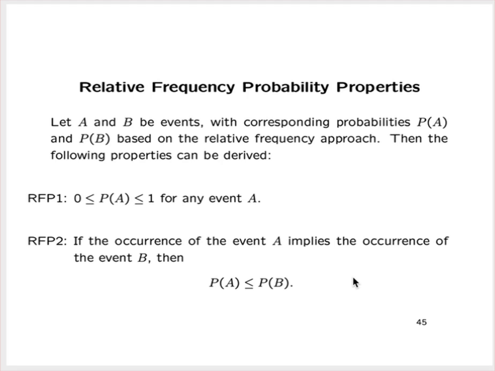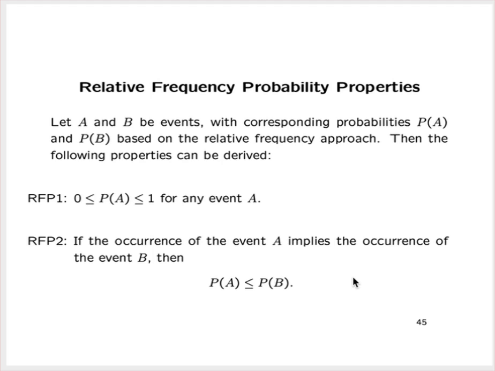Now, let me just say that when you prove a relative frequency probability property, in most cases, I will ask you to prove these things in the context of relative frequency probability. So in other words, using the definition of relative frequency probability, and then any other properties that you've already proven.